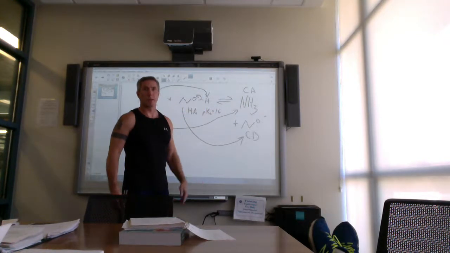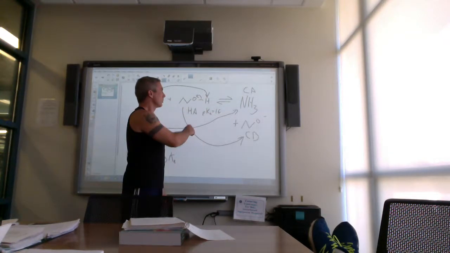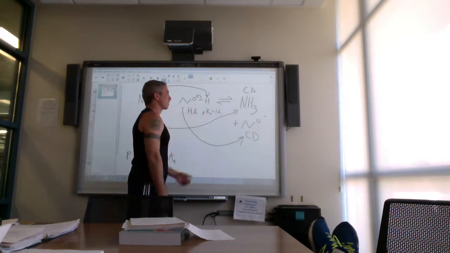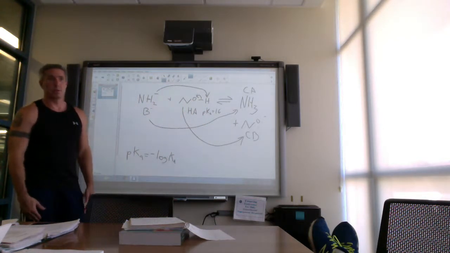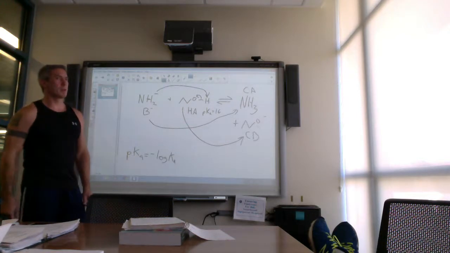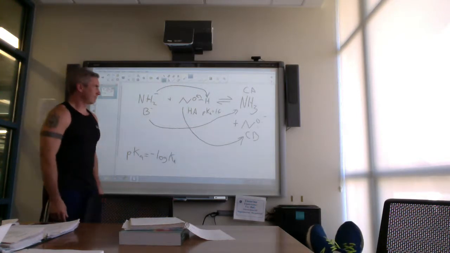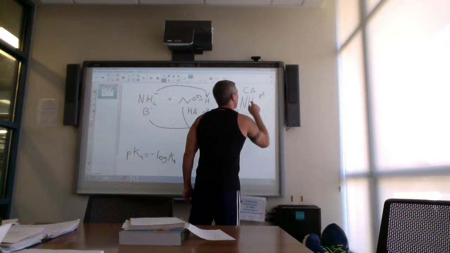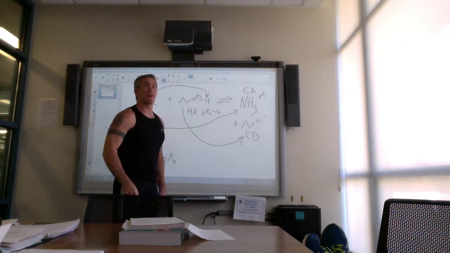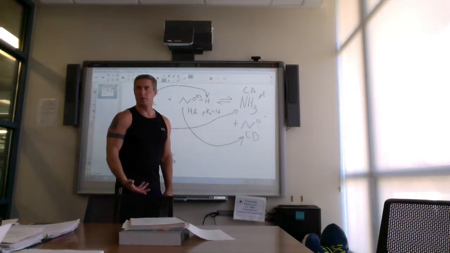Base. A weak base. If that's true, do you think that pKa is going to be bigger or smaller than this alcohol? Smaller. If it's smaller, what does that mean? Oh, larger for pKa. Right. In general, if this is a weaker acid than this is, it's going to have a bigger pKa.